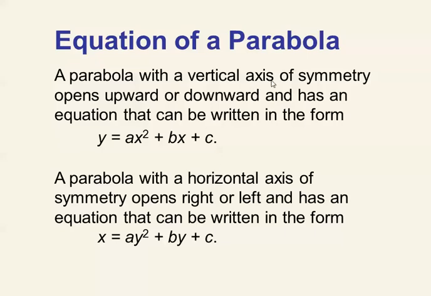This term axis of symmetry: if you take the vertex of an up or down parabola and draw a vertical line down through that point, that's called the axis of symmetry. It's called that because the parabola is absolutely symmetrical on the two sides of that line. When you turn it on its side so it opens left or right, then it's going to have an axis of symmetry that's a horizontal line, but again, right through the vertex.